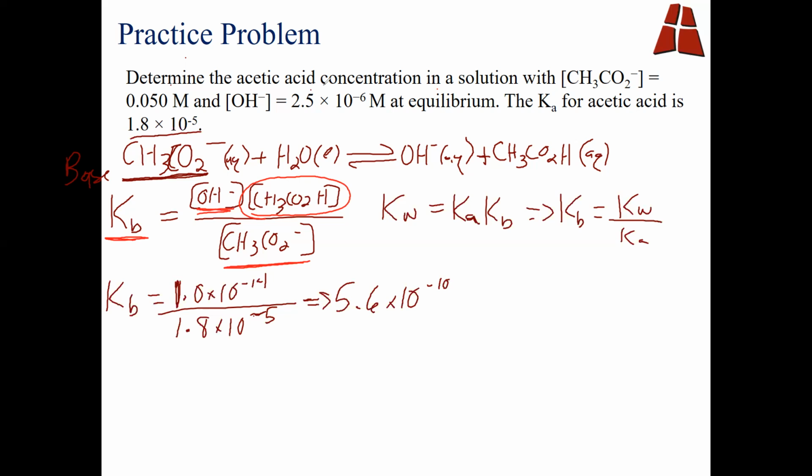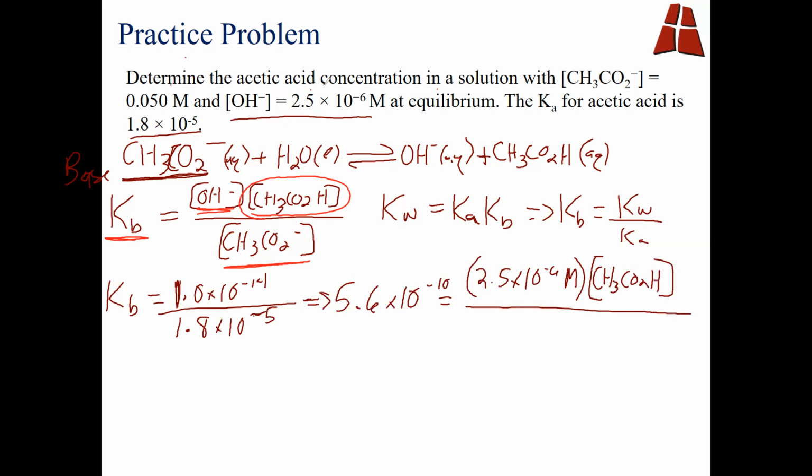And so if we set that equal to our other known values, again, our concentration of hydroxide we're given in our problem. So concentration of hydroxide, 2.5 times 10 to the minus 6 molar. We are solving for our unknown concentration of acetic acid, CH3CO2H. And then that will be divided by our concentration of acetate, which we're given in the problem, which is 0.050.